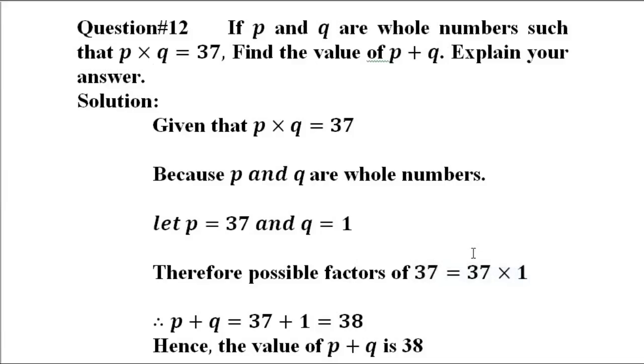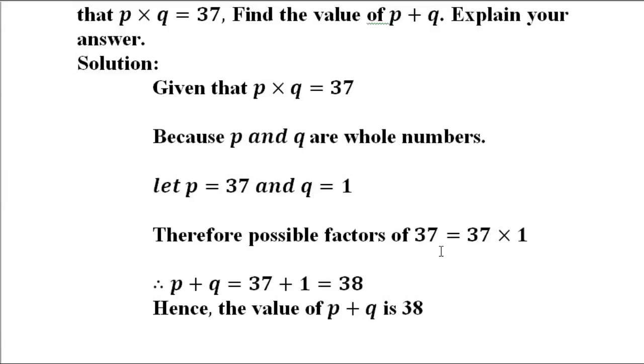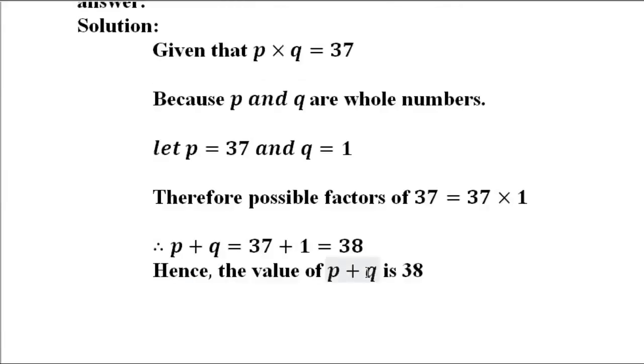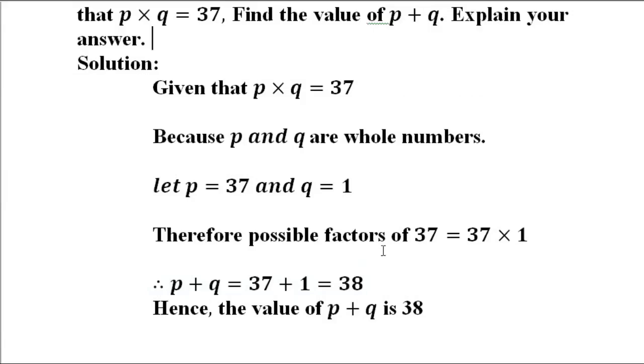Now for p plus q, adding these two factors gives us 37 plus 1, which is equal to 38. Hence the value of p plus q is 38. One point I want to clarify is that we can only take the values of p and q as 37 and 1, or 1 and 37, because 37 is a prime number having only two factors, 1 and 37 itself.